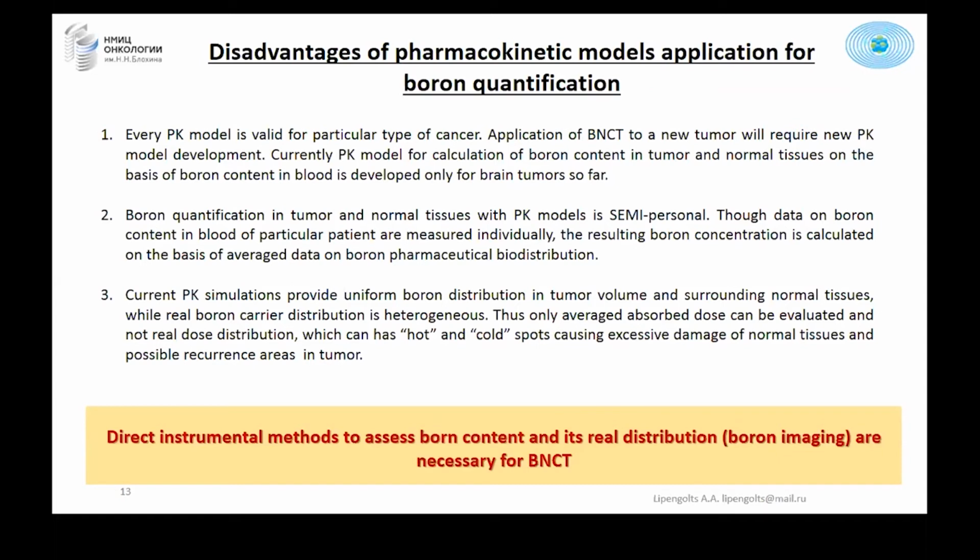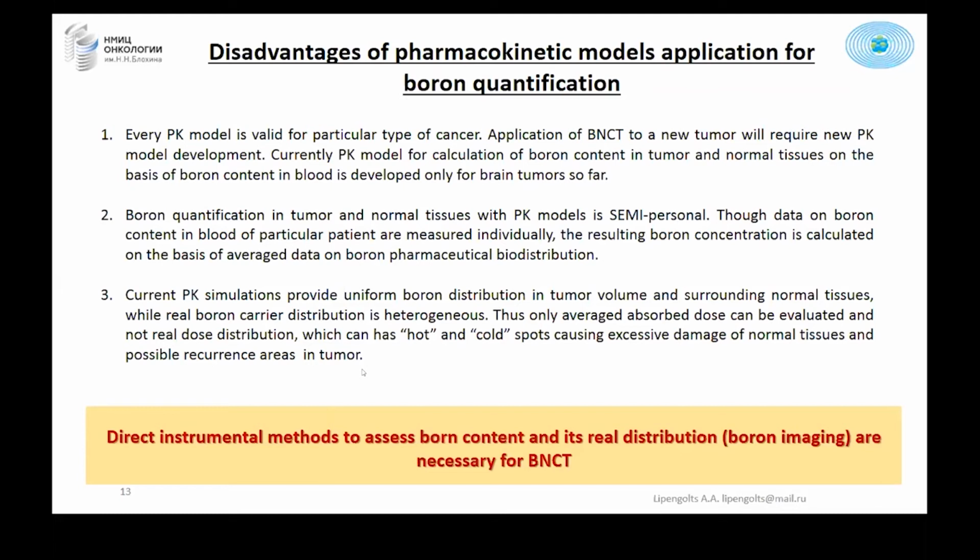Boron quantification with this pharmacokinetic approach is semi-personal, let's call it this way, because though data on blood content are quite personal, measured for an individual patient, the ratio which defines the boron content in the tumor is based on average data. And of course, this can lead to errors, overestimation or underestimation of boron content for every particular patient.